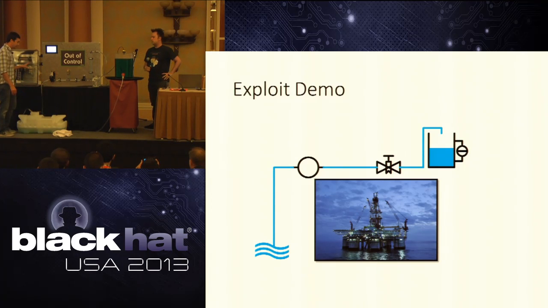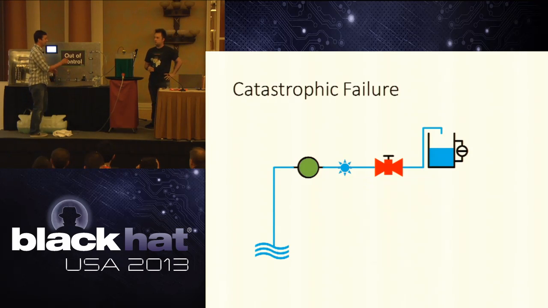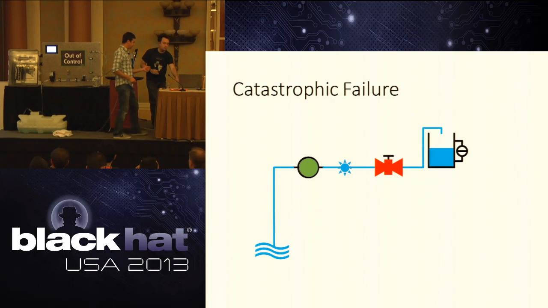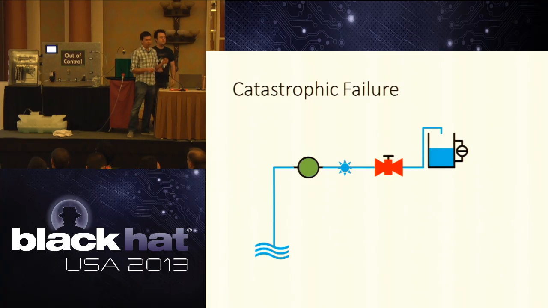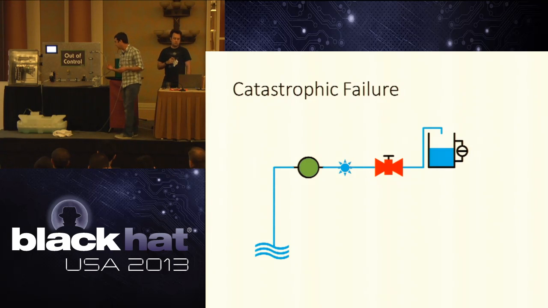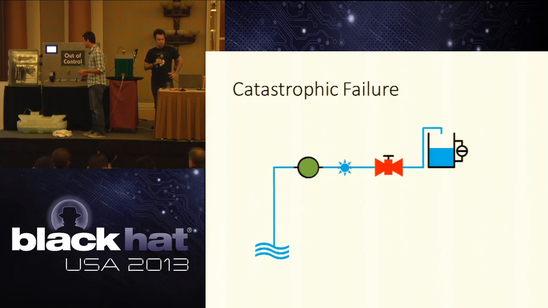But anyway, what we're able to do, if we go over to the next slide quickly, is actually cause catastrophic failure on this. One of the things we were talking about is that we have safety interlocks and permissives on here that do not allow this pump to turn on if this valve is off.